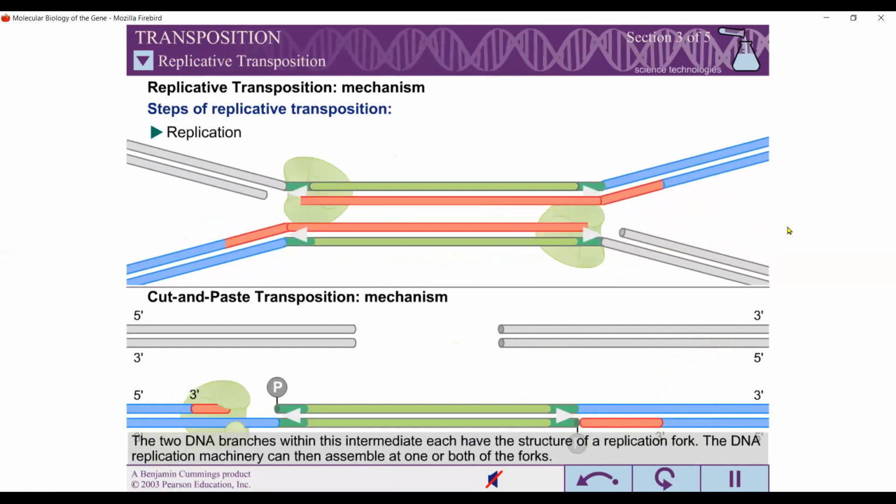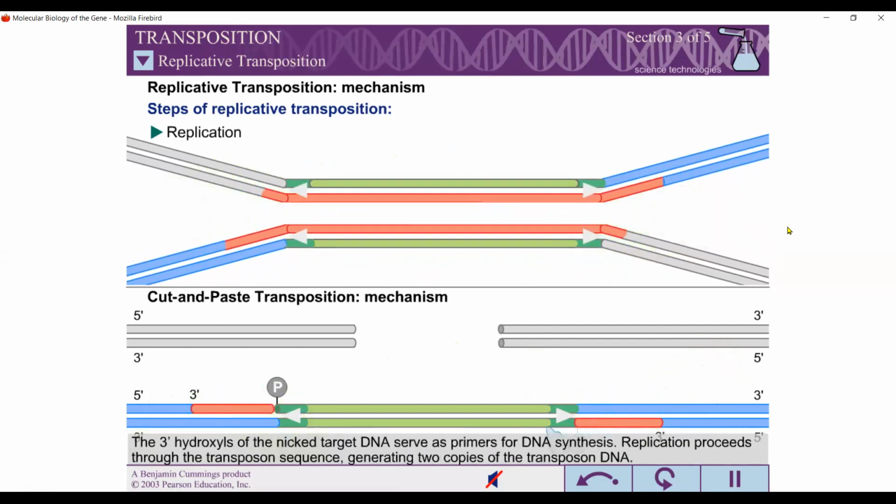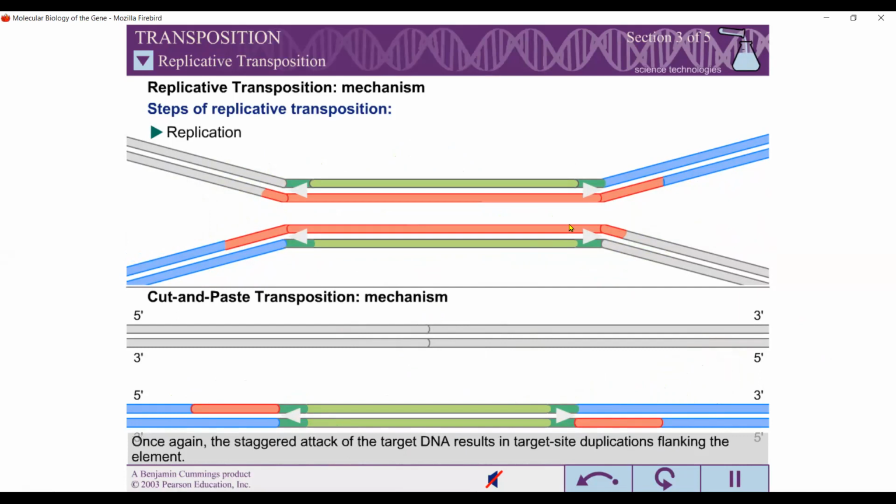So automatically the donor and the target strands separate out. In between, the gaps are filled. So these red portions are the portions that have been newly synthesized based on the sequences present on the ssDNA. In case of the cut and paste transposition, these are direct repeats and this results in target site duplication.